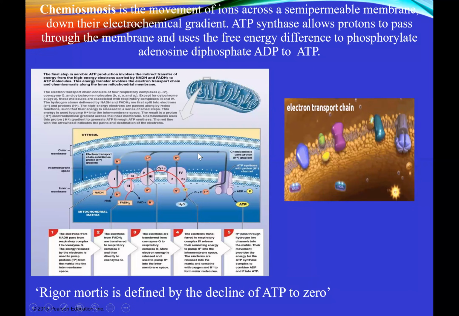Because of the concentration gradient, it's going to fall down the concentration gradient through a hydrogen channel protein. It's also called ATP synthase. When the hydrogen drops from high concentration to low concentration, it's like a molecular motor that converts ADP to ATP. So most of the energy is made here by ATP synthase.